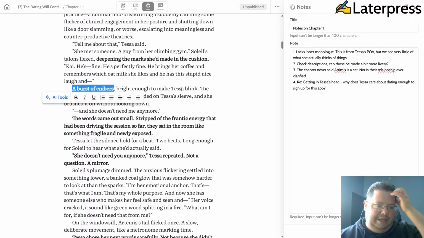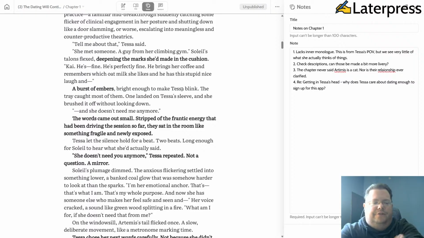Okay, I believe past Nate highlighted a burst of embers because I thought, well, that is a description of what the Phoenix does, that there's an opportunity to make that description more vivid and lively.